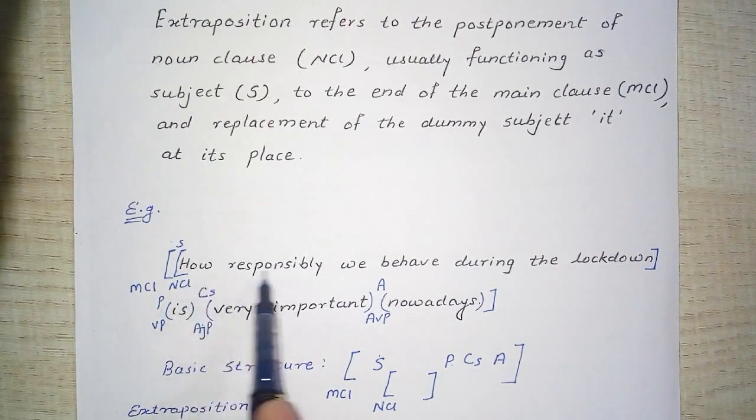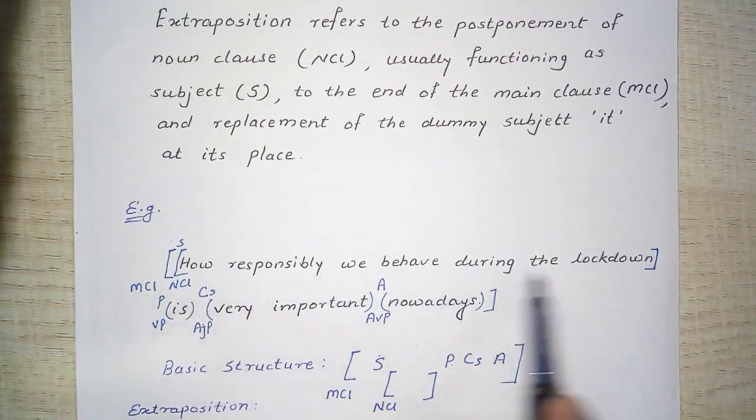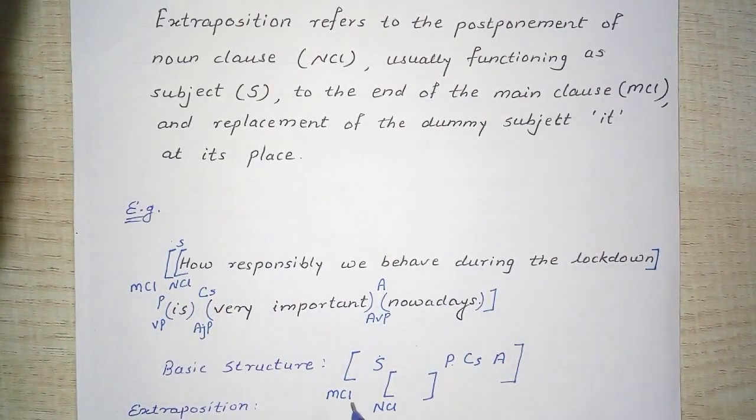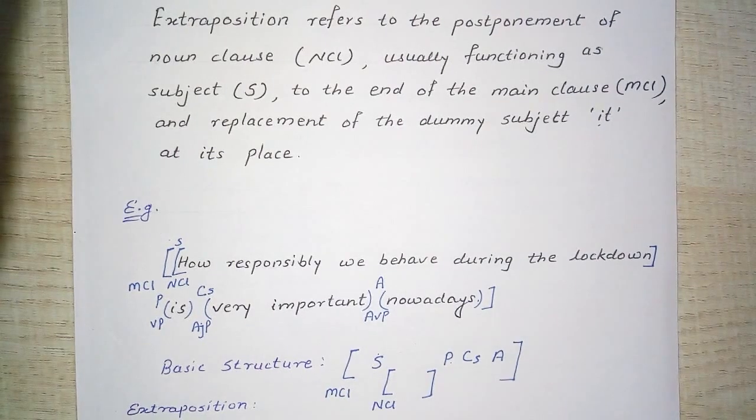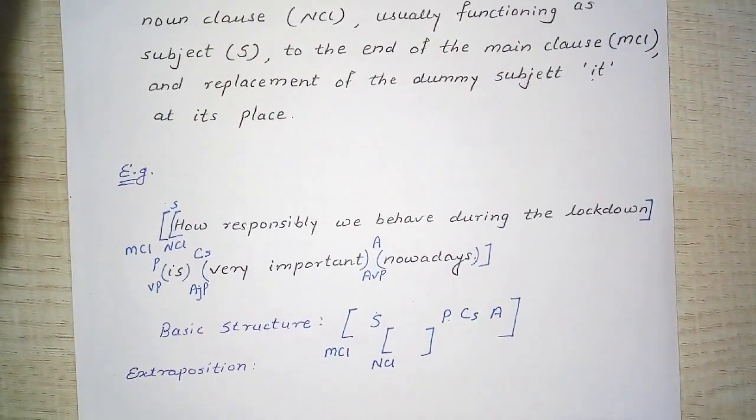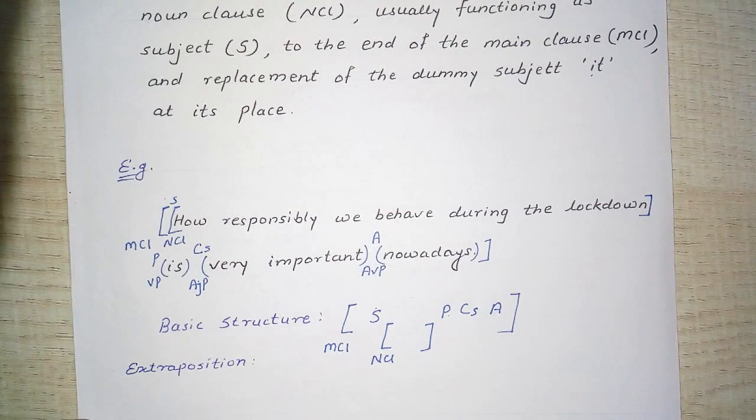Now we have to shift this whole clause, this whole subject, to the end of the sentence, at the end of the main clause, and in its position we will use the dummy subject it. It means while doing extraposition, our sentence will begin with it.